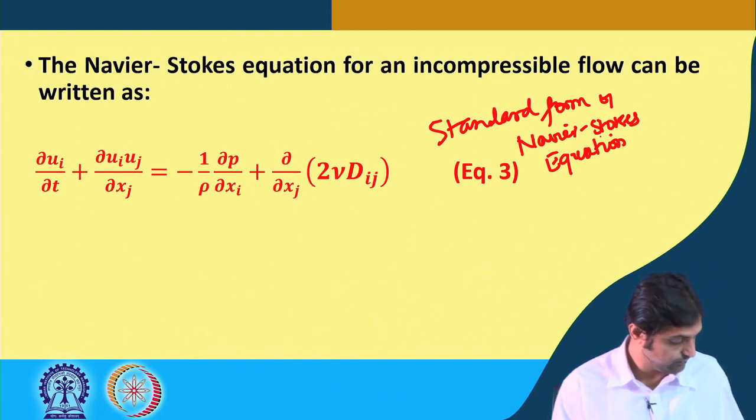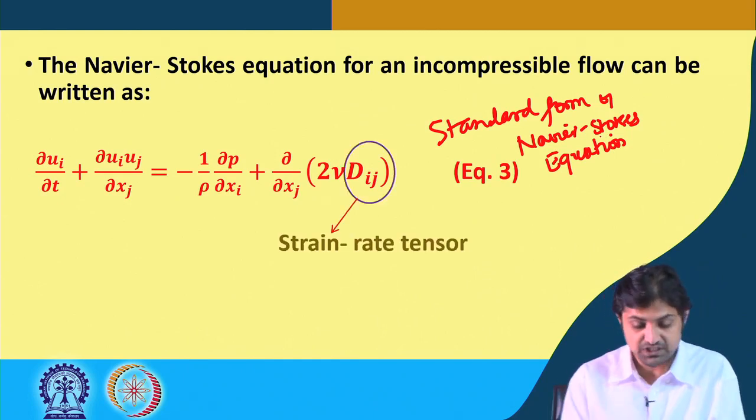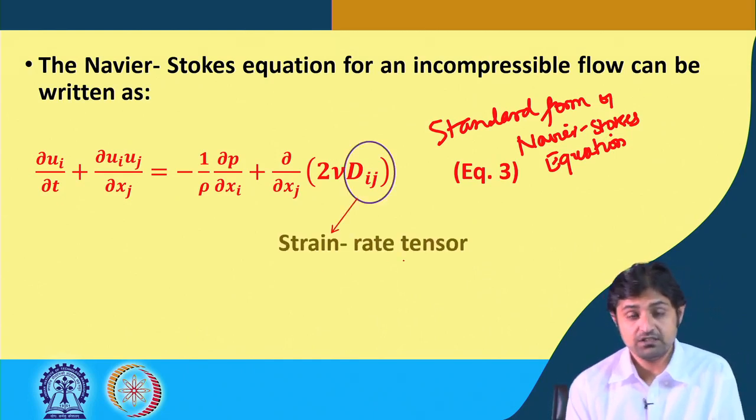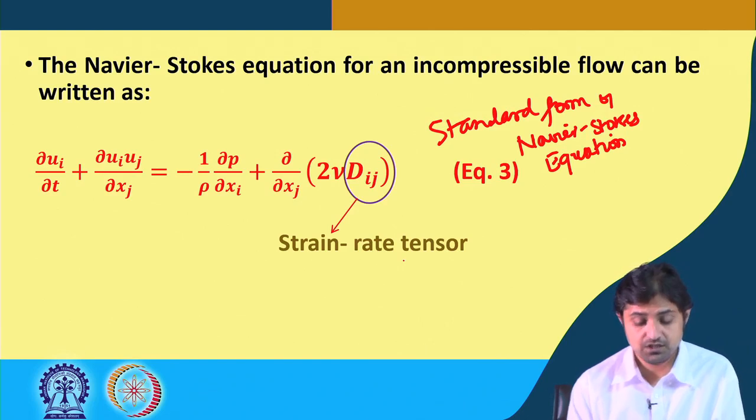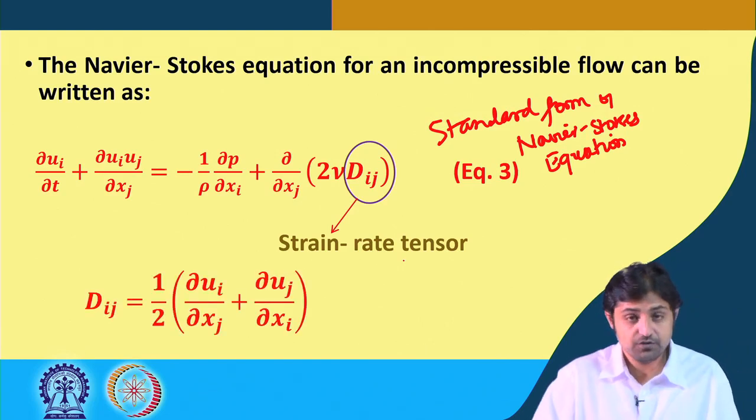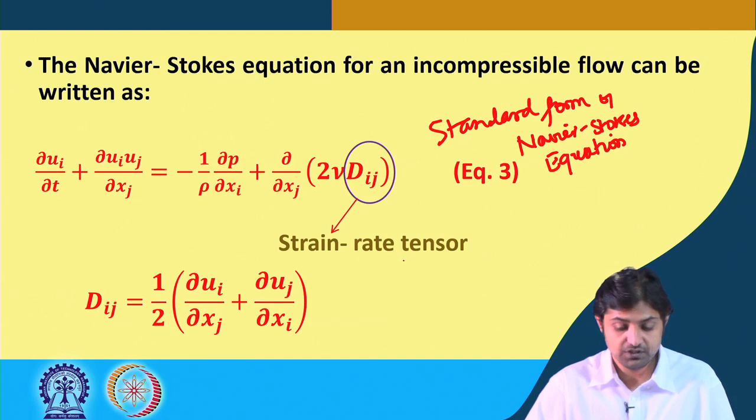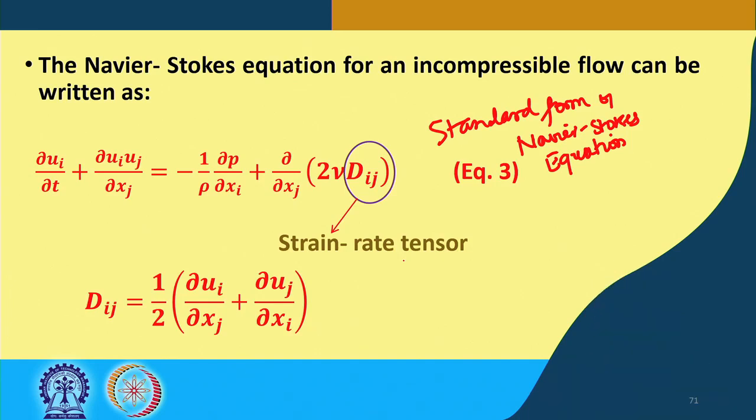Dij here is the strain rate tensor, which we have seen in the last lecture on viscous fluid flow, where Dij is written as half of del ui by del xj plus del uj by del xi. I think this is not a problem because we have derived it.